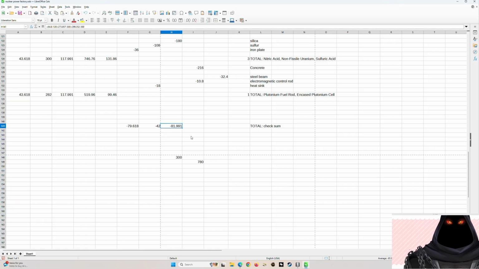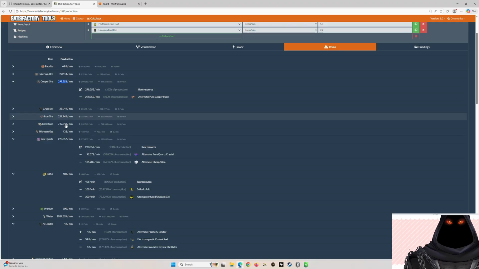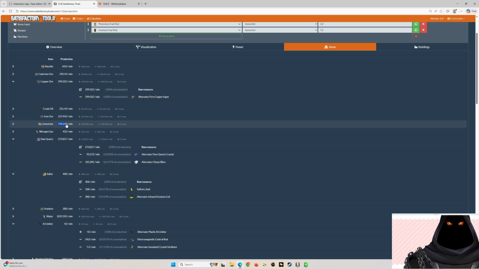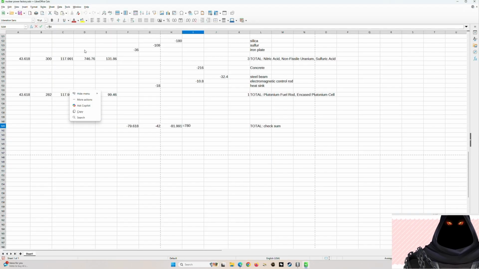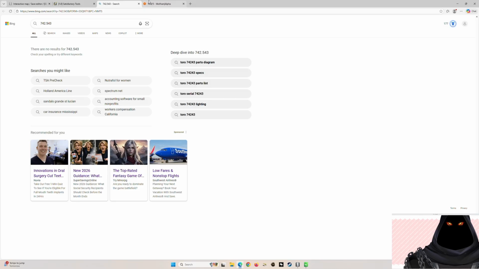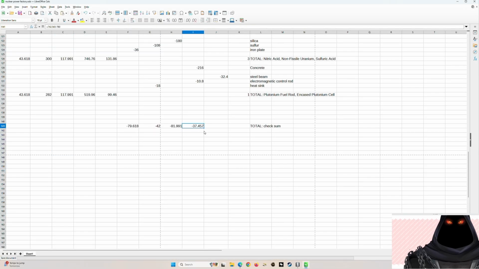Okay, so we have 82 stuff coming down this line at the end. And okay, so this is going to be... we have... so we have 37 limestone coming down the line at the end.